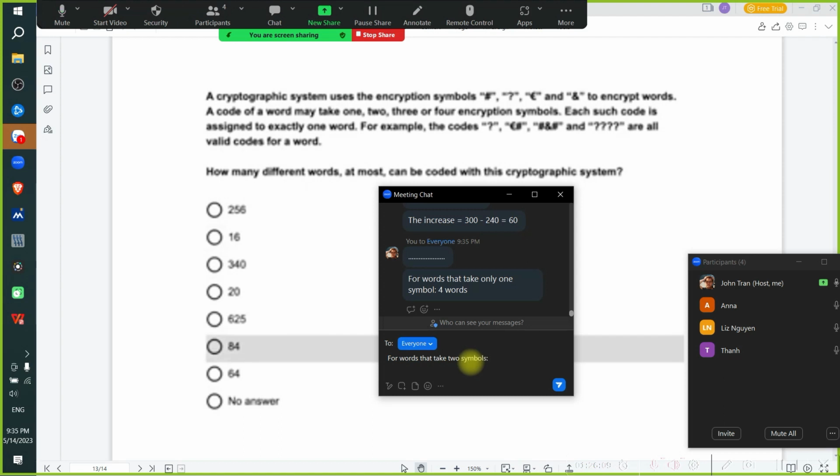Two symbol. It can be what? Let's try it, okay? It can be this one, thăng thăng, thăng hỏi. It can be thăng dấu euro. What's the euro sign? Cái dấu euro không có trên đây hả? Không thấy.